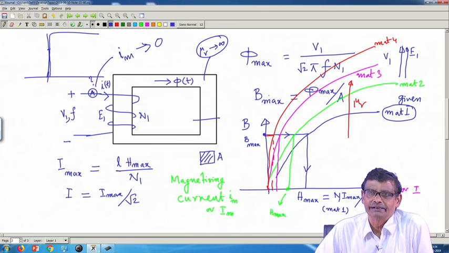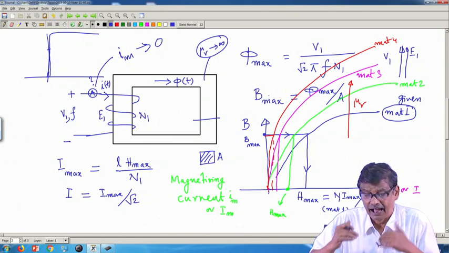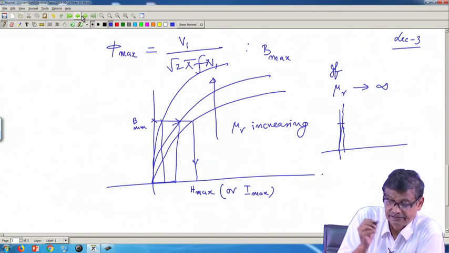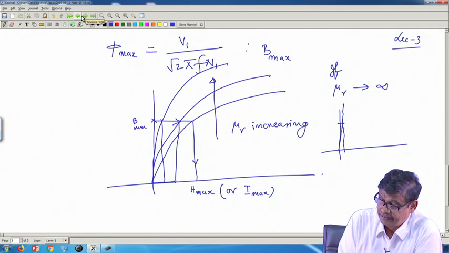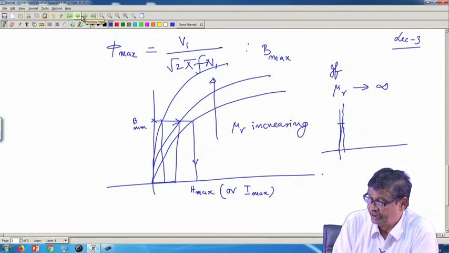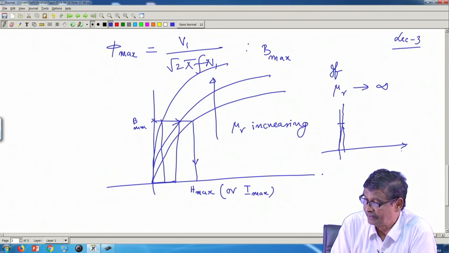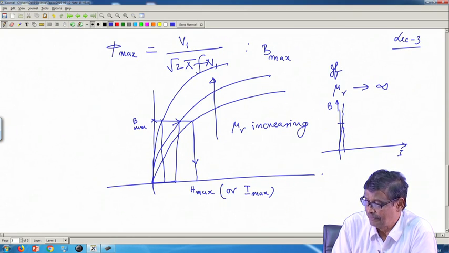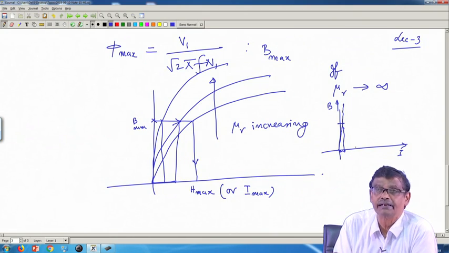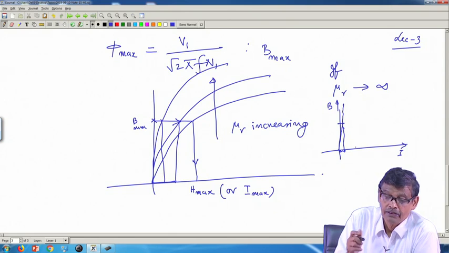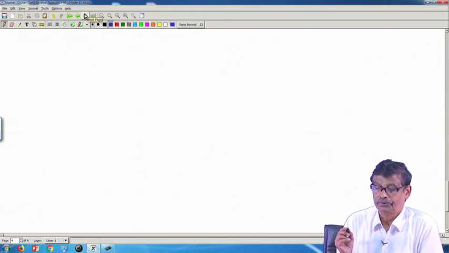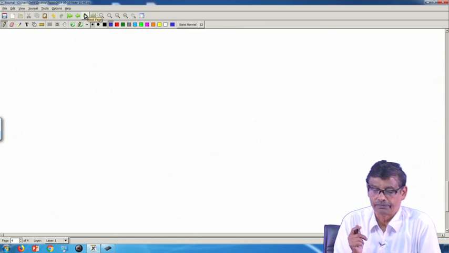So, like that, therefore, in a very ideal situation, we will say that as mu r tends to infinity, the current drawn, that is I, and this is B, this magnetizing current drawn can be made as small as possible. So, we are now in a position to talk about ideal transformer.